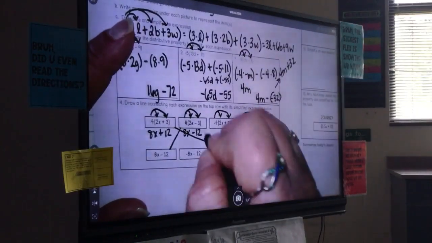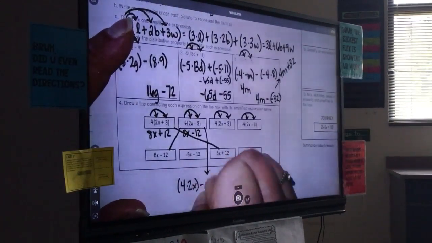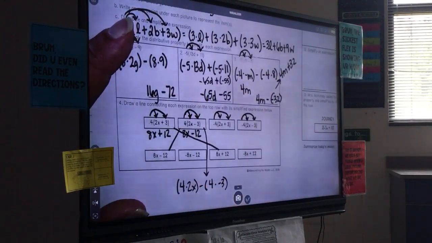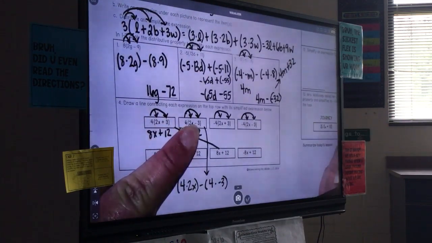So again, this one down here, 4 times 2x minus 4 times negative 3. Carry that negative with that number. Yes? If there's a negative right here, the negative goes with that number. Okay?